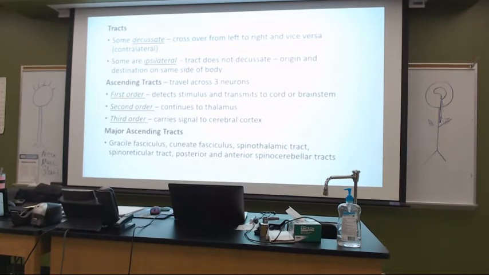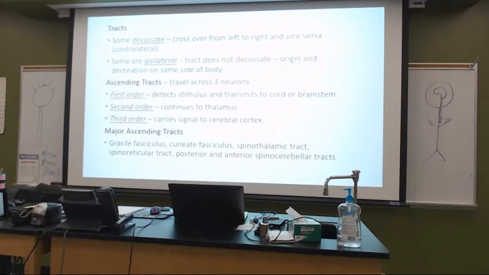That's going to be my third order. So for example, if the thalamus needs to send it to my frontal region, it can. If it needs to send it to the parietal, temporal, or occipital, it can, because it's my relay station.